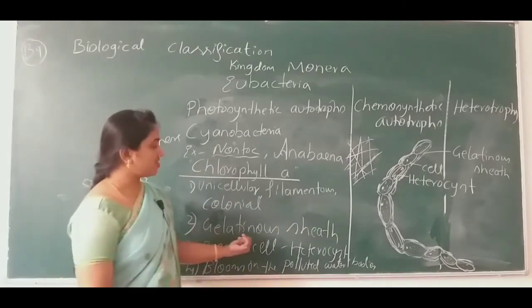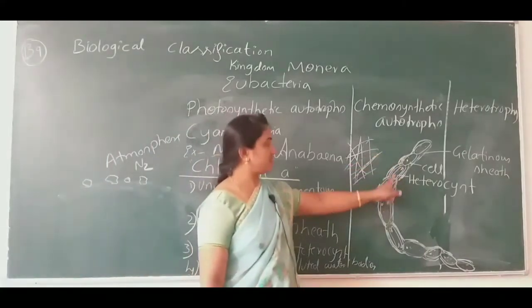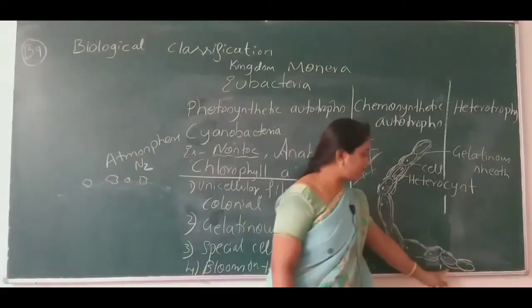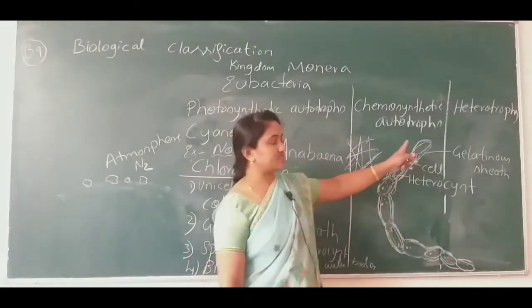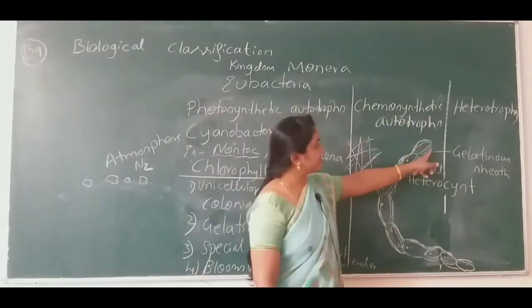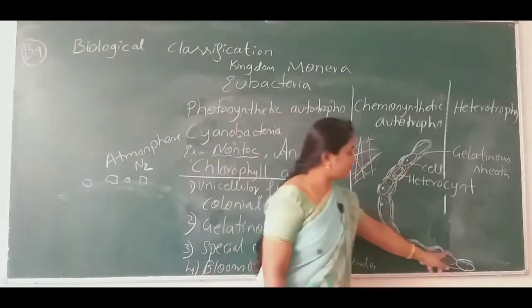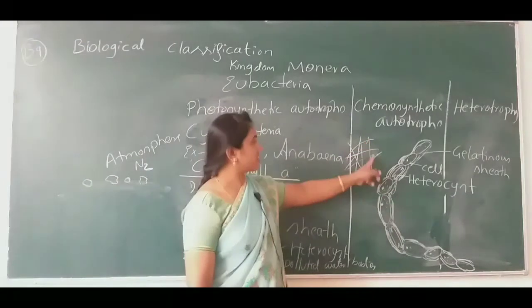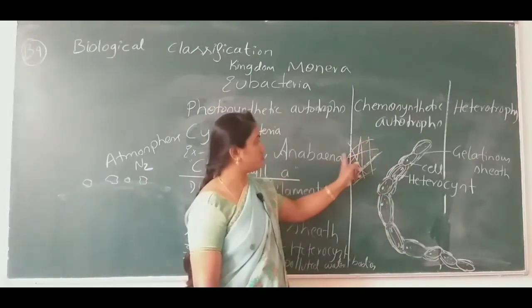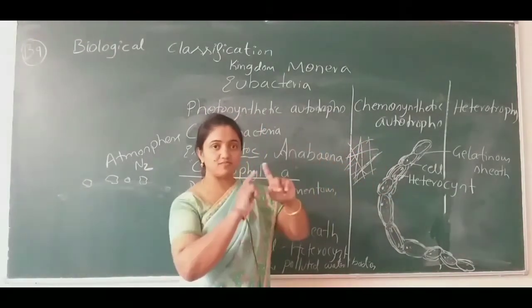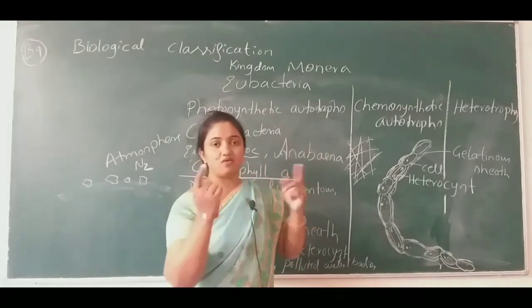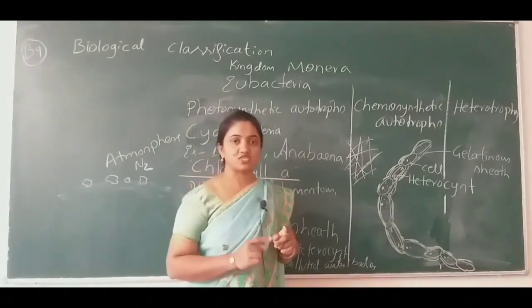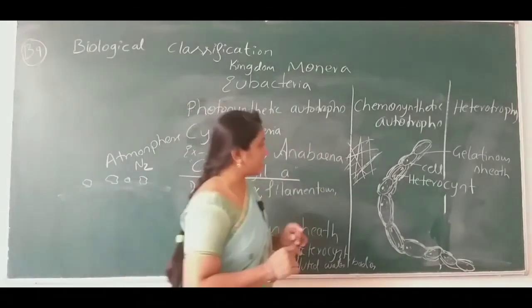The filament of the Nostoc is covered by a gelatinous sheath. The gelatinous sheath covers the whole filament. One filament is covered by a gelatinous sheath, one more is covered by a gelatinous sheath, all the filaments of Nostoc covered by the gelatinous sheath.